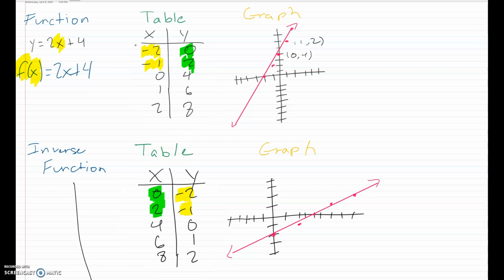But let's look down here at our graph. We can still get the same kind of graph with this table. This point over here is 0, -2, and this point over here is 8, 2. We get that directly from our table.